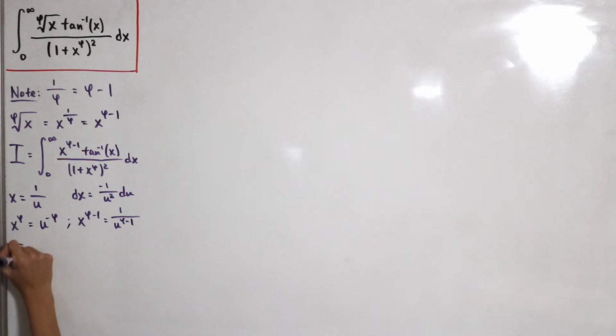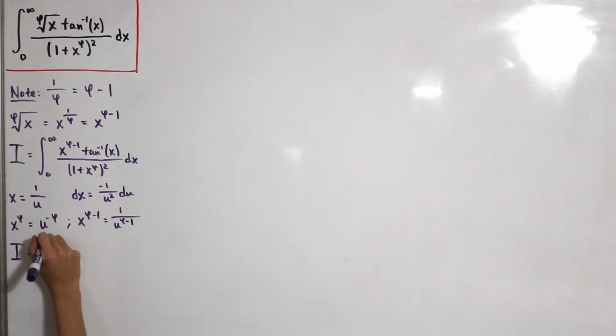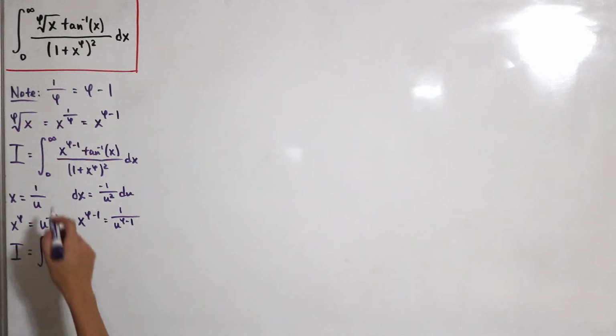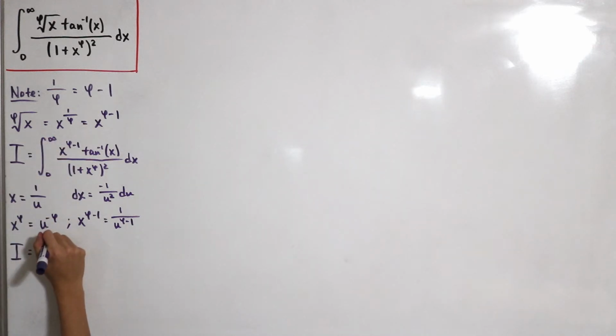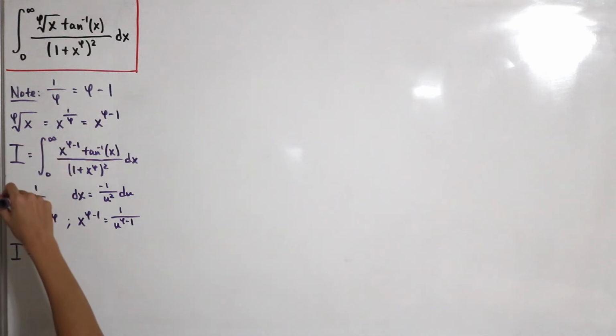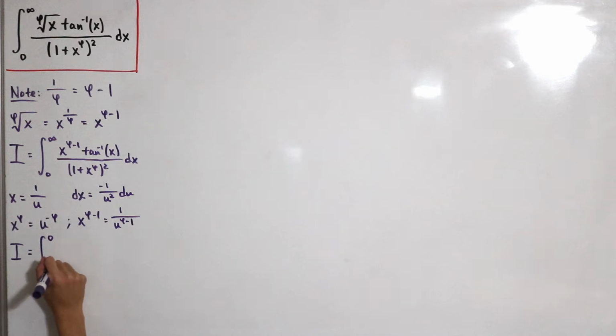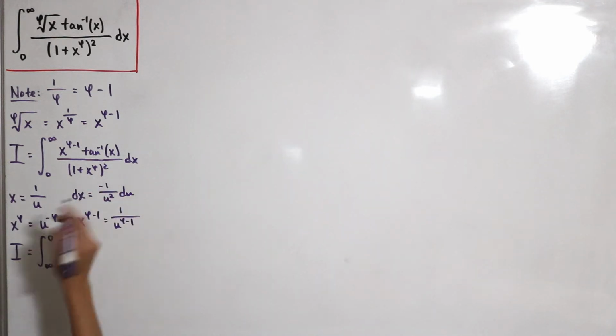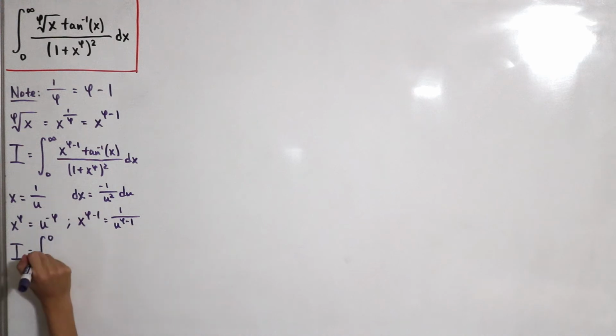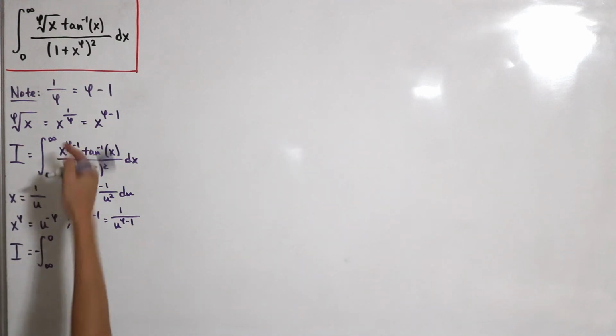So we have the new integral capital I. Let's figure out our new bounds. When x is infinity, u approaches 0, and when x is 0, u has to be infinity. Since we have a negative from the new differential, I can factor out that negative 1 and put it outside the integral. Then we perform our substitution.